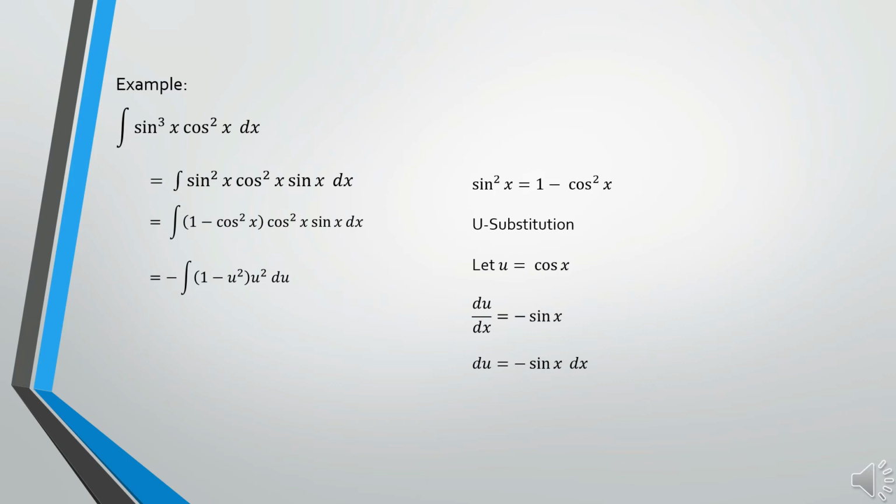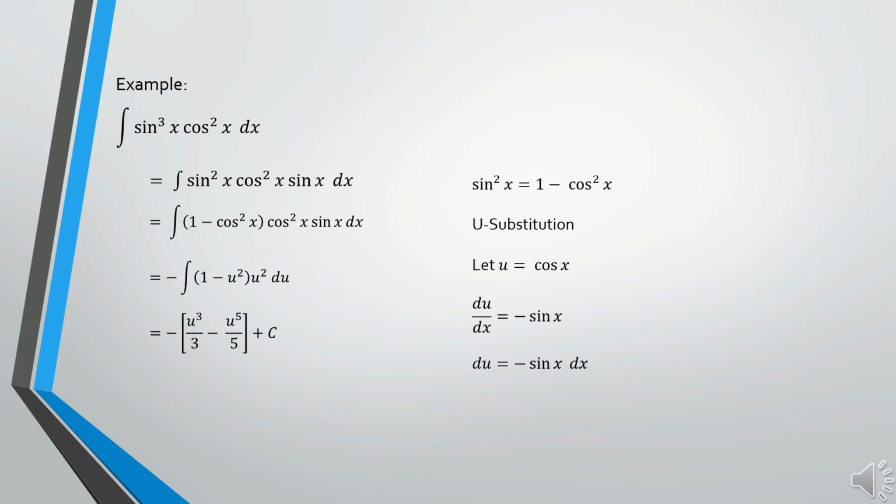Then we integrate 1 minus u to the power of 2 multiply u to the power of 2 du. The answer will be negative u to the power of 3 over 3 minus u to the power of 5 over 5 plus c.